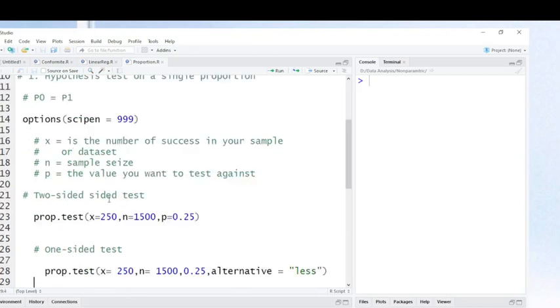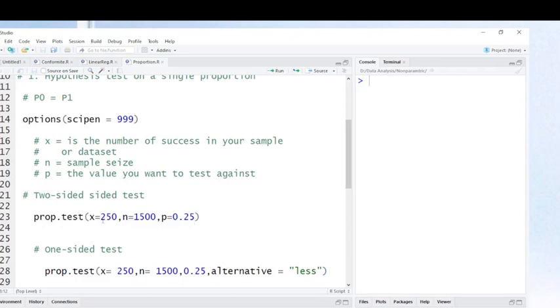Now I'm going to show you how you can make hypothesis testing on proportion. This is the command. This X here is the number of successes in your sample or your data set, and this N here is the sample size, and this P here is the value you want to test against. We want to test whether the proportion is significantly different from 0.25.